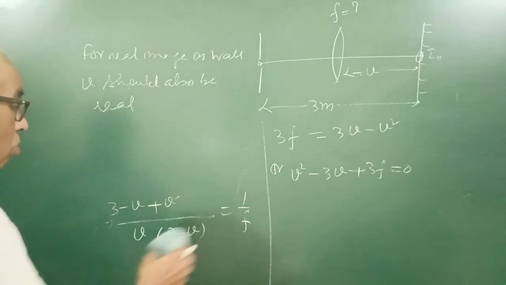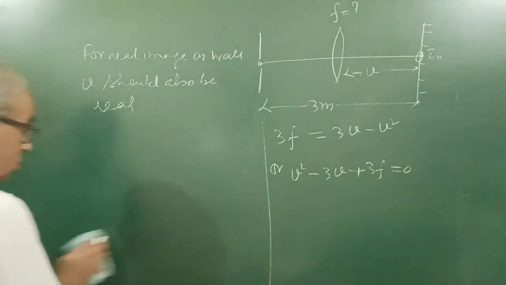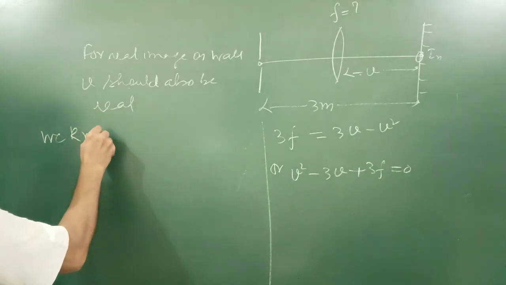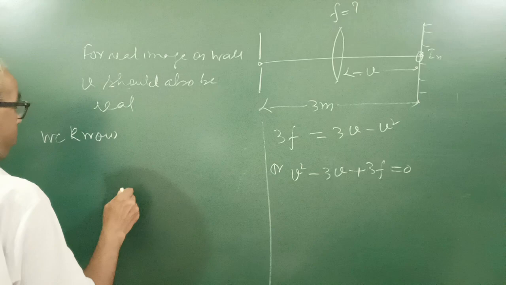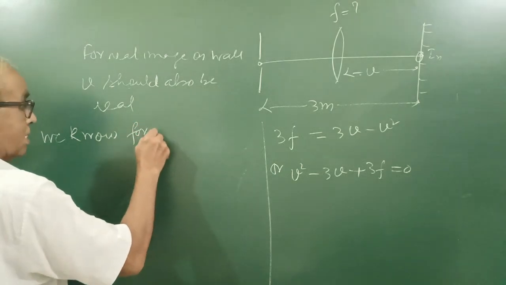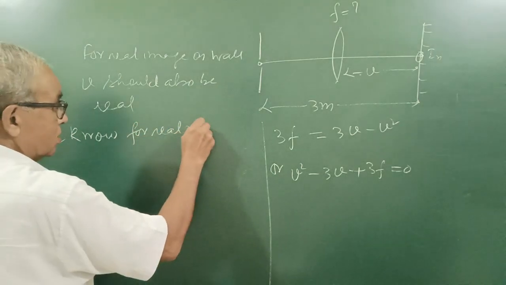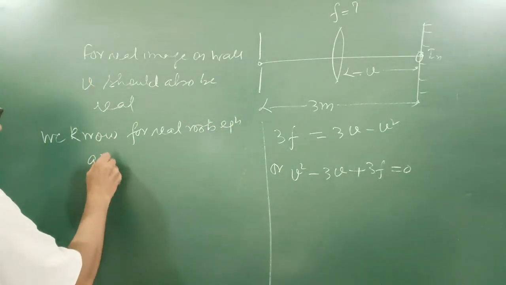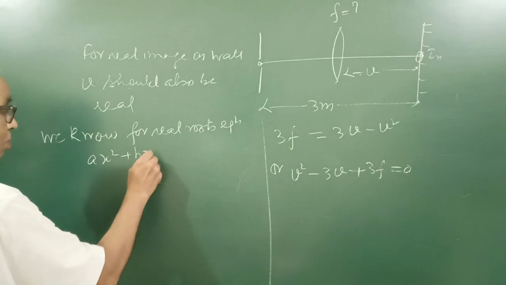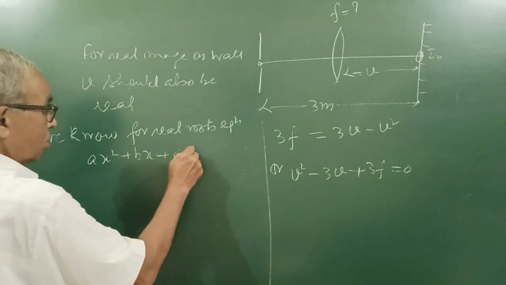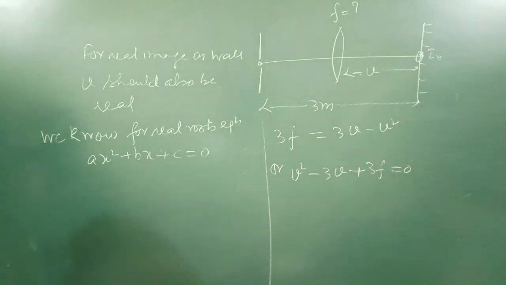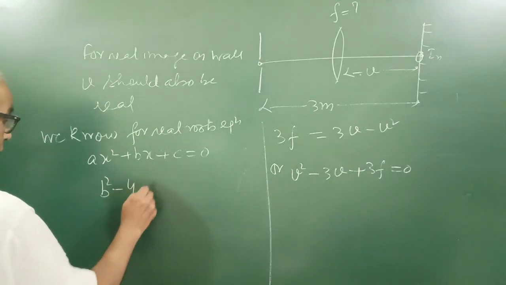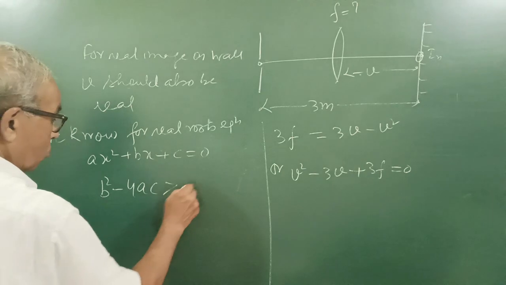And you know, for real roots, if you don't know, remember it. We know for real roots of the equation ax square plus bx plus c equals 0, B square minus 4AC should be greater than or equal to 0.